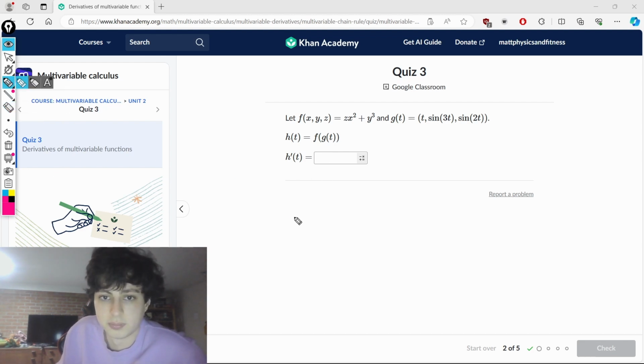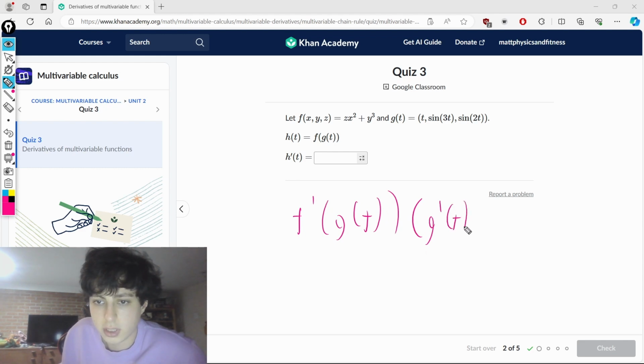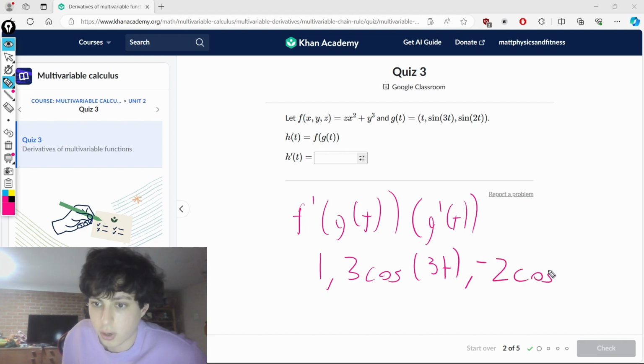I'm sure we'll figure it out. g of t is (t, sine 3t, sine 2t). So the derivative is (1, 3 cosine 3t, 2 cosine 2t). That's what I'm thinking.